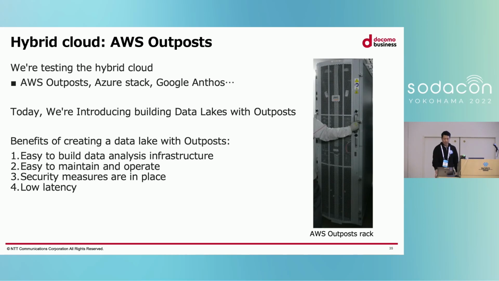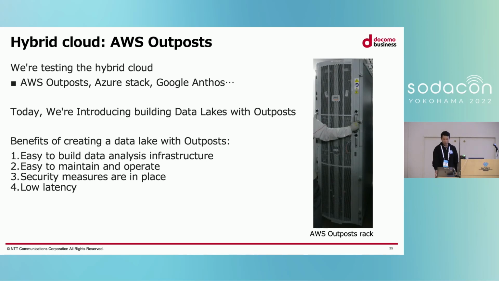The third is security measures. AWS IAM can manage all resources running on AWS Outposts. This IAM allows for a high level of protection. Finally, it can centrally handle large-scale data that requires low latency or is highly confidential in our on-premise environment.